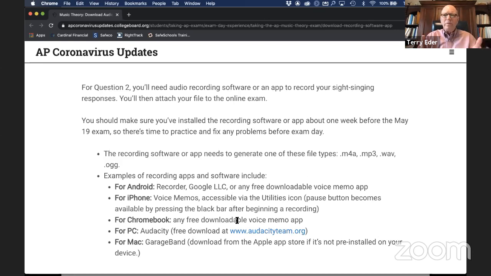Okay, so hopefully what I've said to you here is you need to prepare now. Figure out what you're going to use for your recording software, practice using it, practice getting the file in a place where you will know how you could attach or submit it.